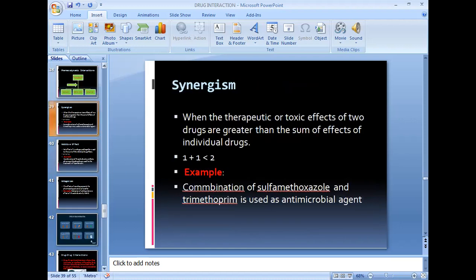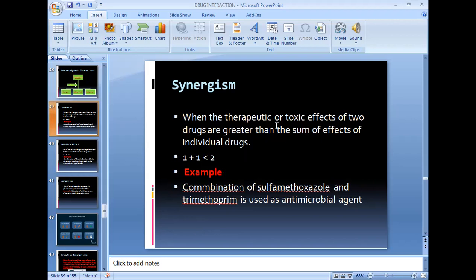When we talk about synergism, in such a case, the net effect of the drugs is greater than the sum of the individual effects of the drugs.